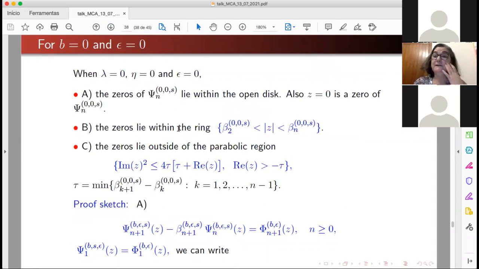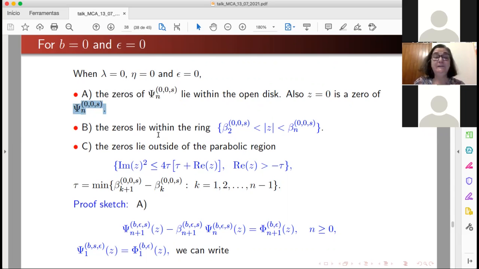What's more, for the case lambda equals 0, eta equals 0, and epsilon equals 0, the easiest case, we managed to prove that all the zeros of the Sobolev polynomial are inside the disk. Also, z equals 0 is a zero of this polynomial.